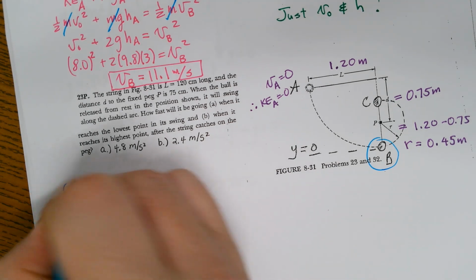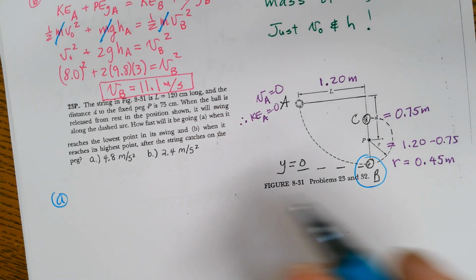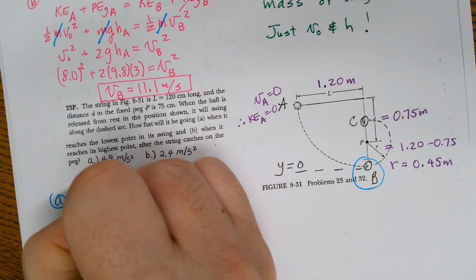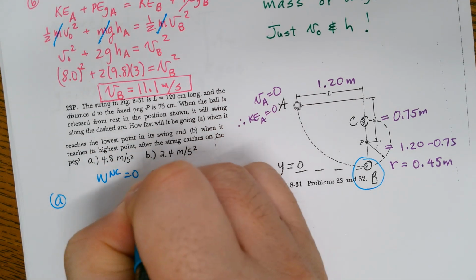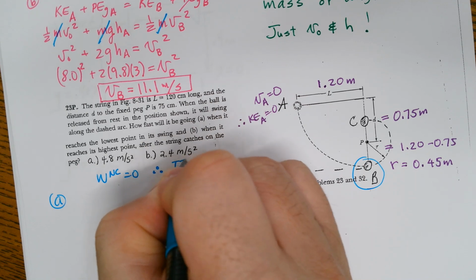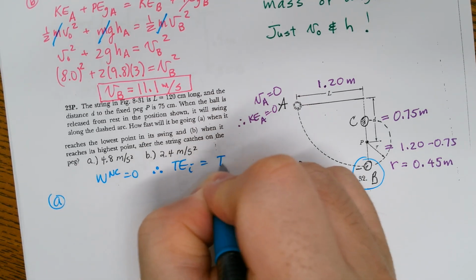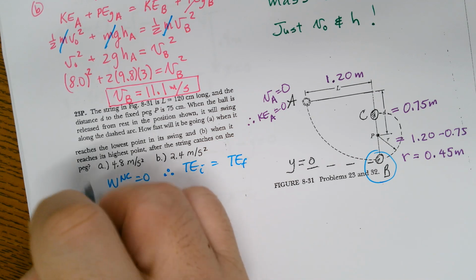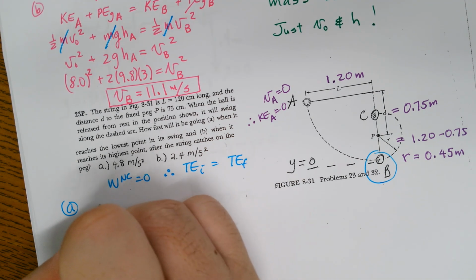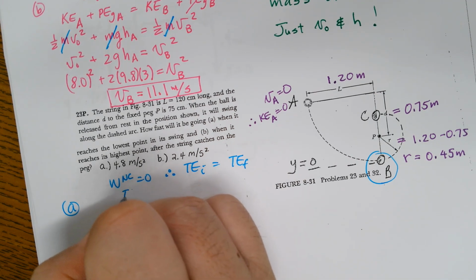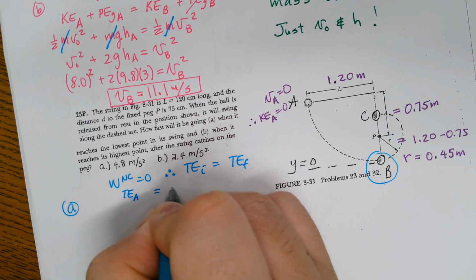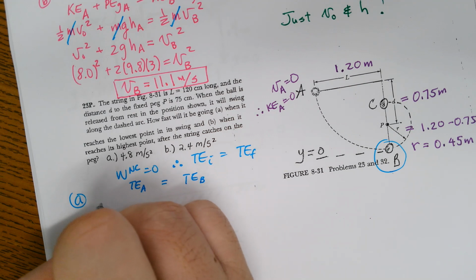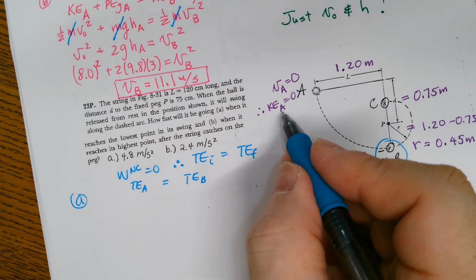So for part A, again, we're going to assume no work done by non-conservative forces. Therefore, total energy initial is equal to total energy final. Therefore, total energy at A must equal total energy at B. Total energy at A, well, there's no kinetic energy.